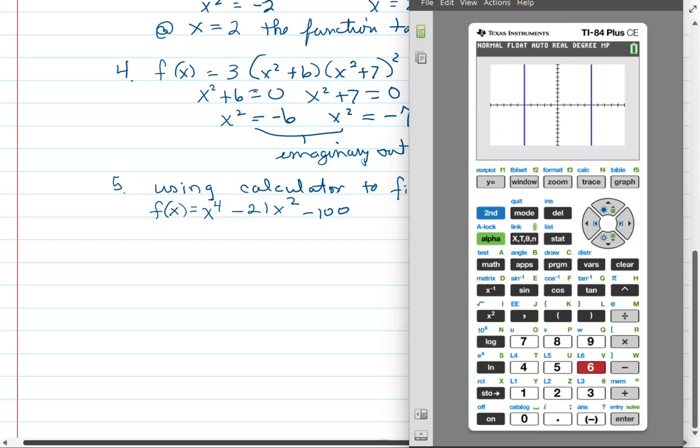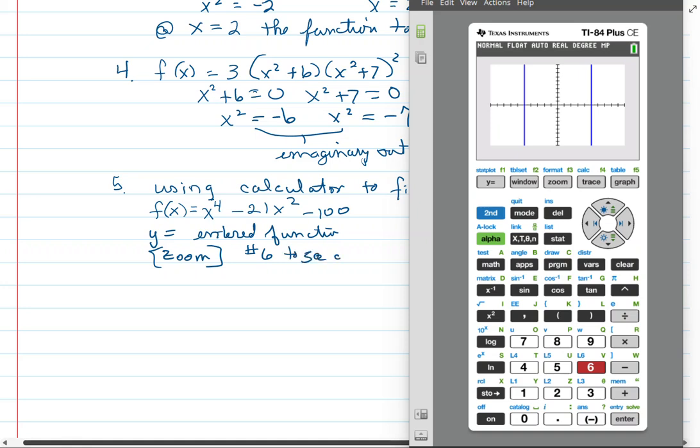Okay, so what I did was I went to y equals and entered the function. Then I went zoom and chose 6 to see a real zero, one I can work with.